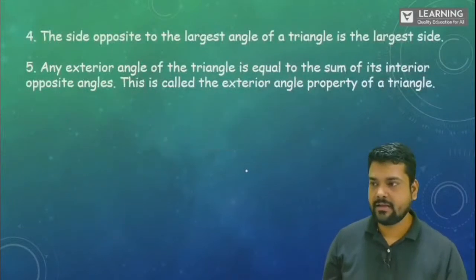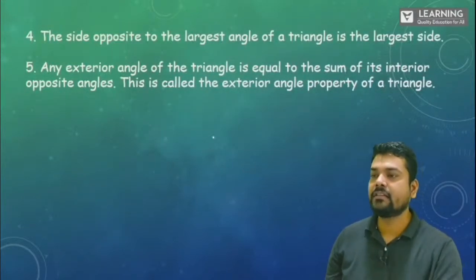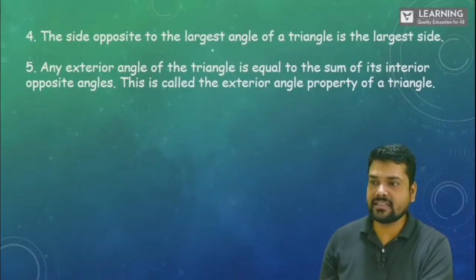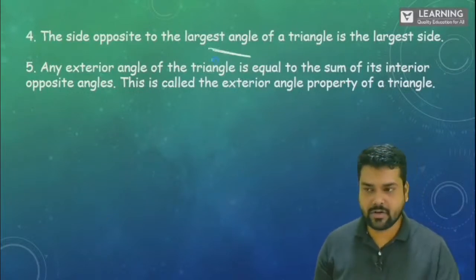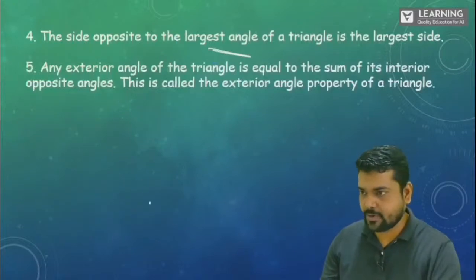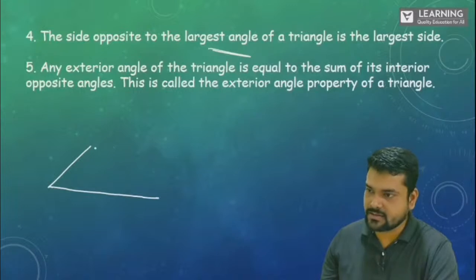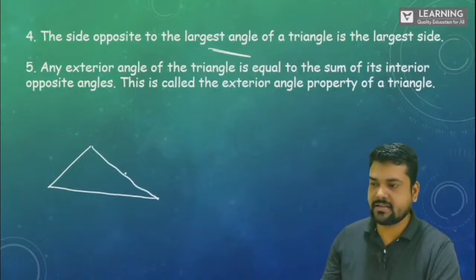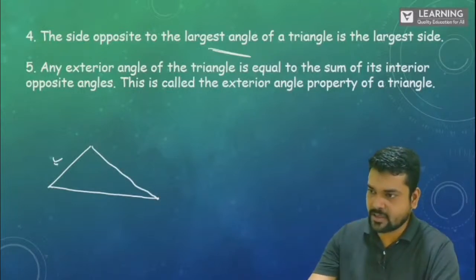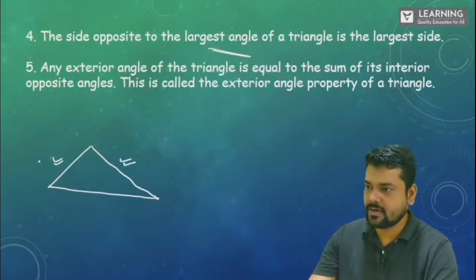Okay, we have a few more properties, and they are: the side opposite to the largest angle of a triangle is the largest side. Okay, so that is actually very important. So I'll just draw a triangle to make you understand. So that is the triangle. Okay, so you can say that is the smallest side, medium size, okay, small, medium and the largest one.